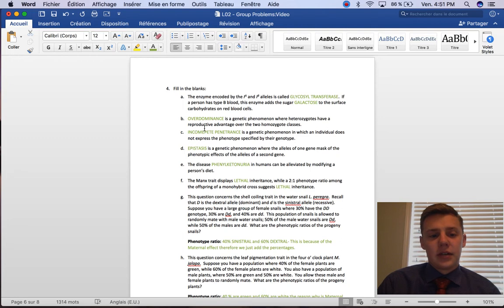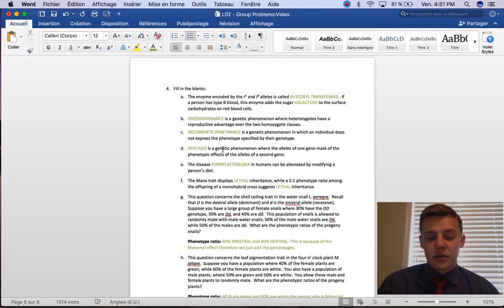For example, we saw overdominance, incomplete penetrance, and epistasis. The thing that I really liked, I did a lot of research on epistasis. For example, you can have the genocode to have brown hair, but with epistasis there's a gene before it that inhibits you from actually growing hair.